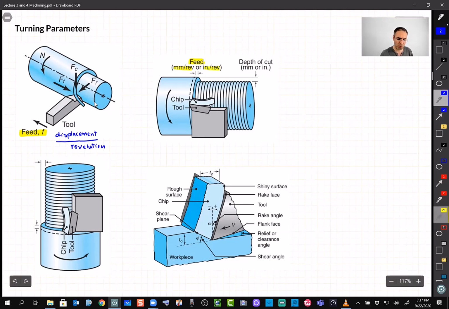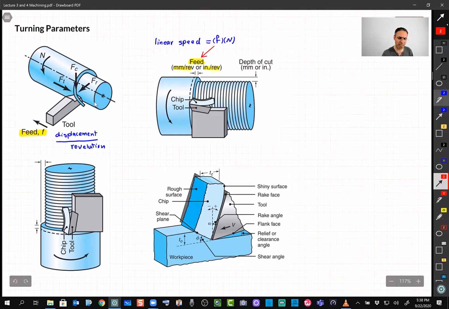So if you want to find the linear speed, all you need to do is multiply F, the feed, by N. This F is the feed, and N is the RPM.